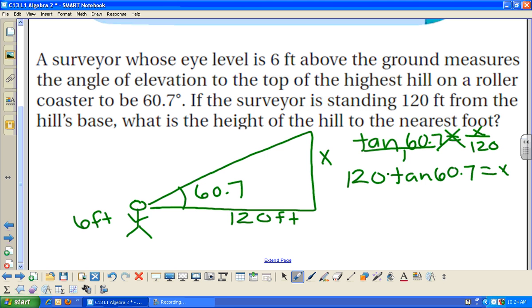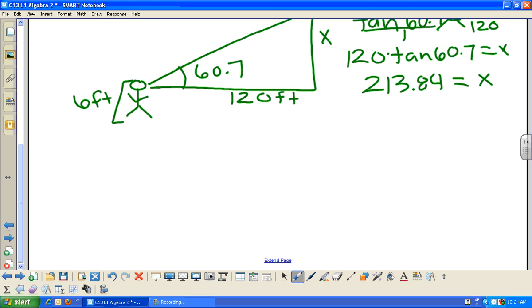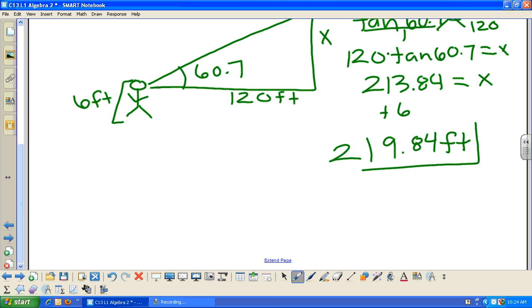If I multiply this out, I get 213.84 is equal to x. But I still have to include the 6 feet that the person is. So I have to add 6 to this, and my answer will be 219.84 feet.